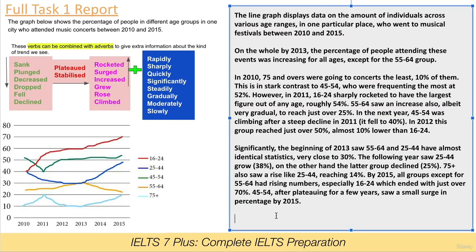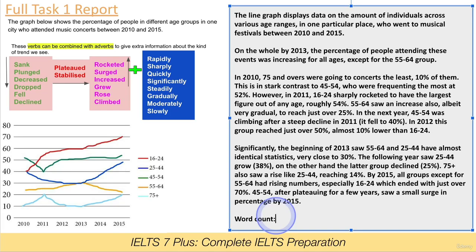By 2015, all groups except for 55 to 64 had rising numbers, especially 16 to 24, which ended with just over 70%. 45 to 54, after plateauing for a few years, saw a small surge in percentage by 2015.